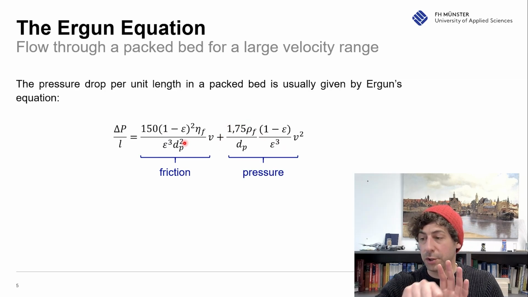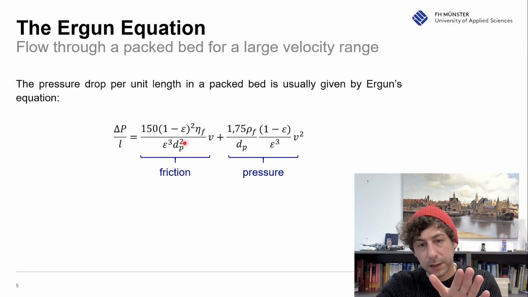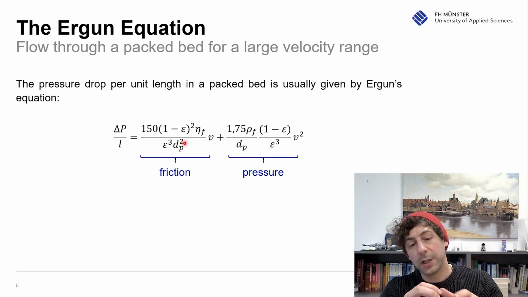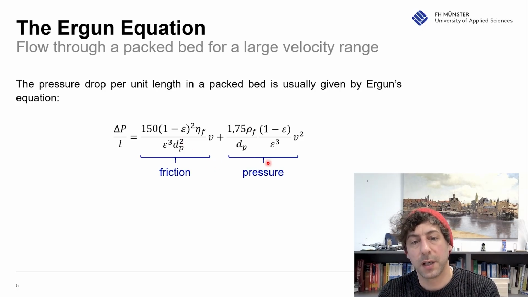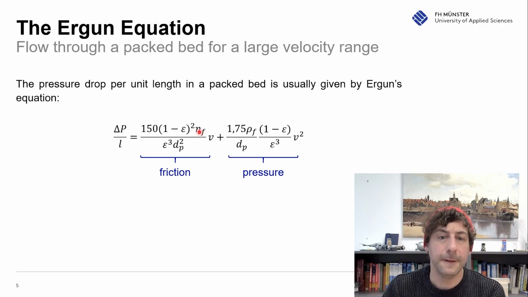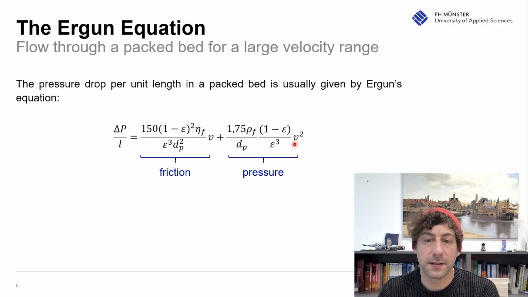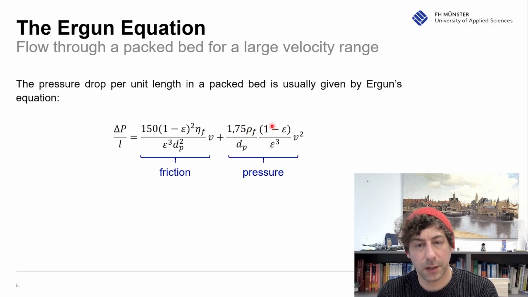So this is the friction of the fluid with the particle, and then we have a pressure difference within or around the particle, and this is described by the second term. And the friction depends linearly on the fluid velocity and the viscosity, and the pressure depends squared on the velocity and on the density. And then we have here the porosity of the bed, the influence of the particle, and some numbers.